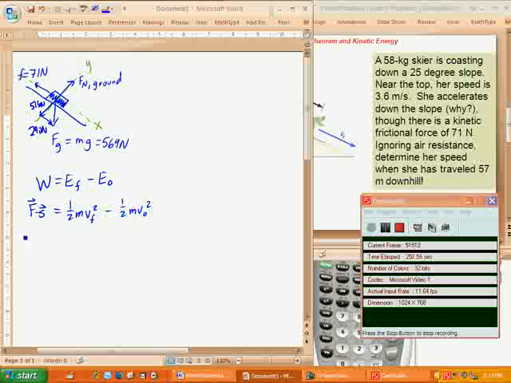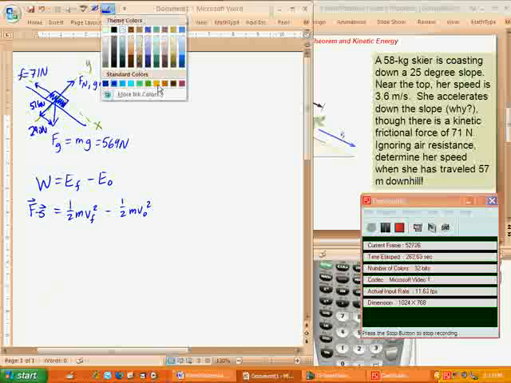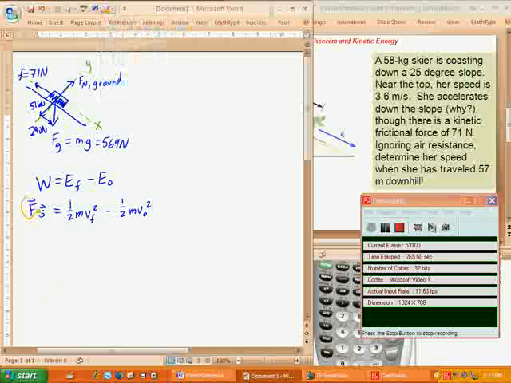And so now we should be able to put in many of these numbers. It's important to recognize that this is the net force in the direction of the displacement. Since the displacement is down the hill, we need the net force in that direction. So gravity is 240 newtons in that direction, and friction is 71 newtons in the other direction.